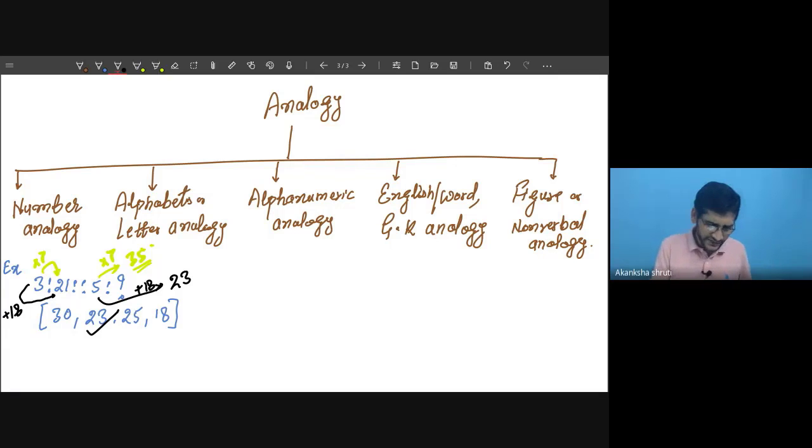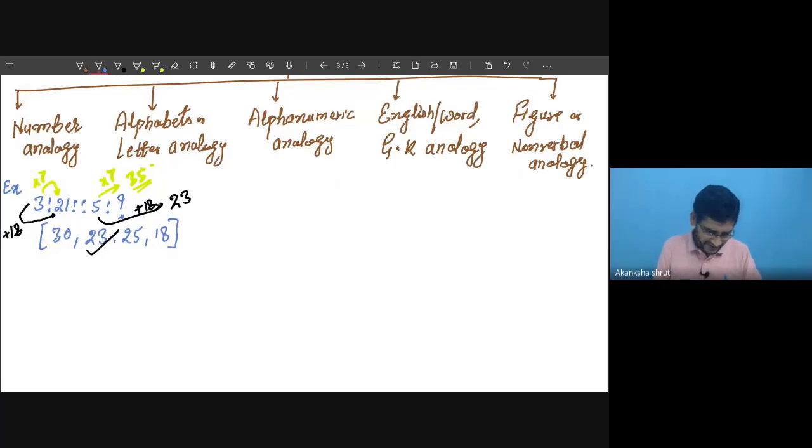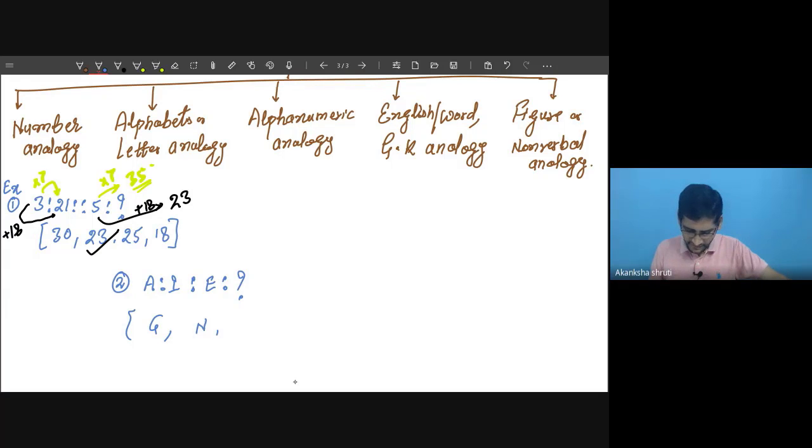Alphabet analogy. For alphabetic analogy, A is to I, E is to what? Let me give the options also: G, N, P, then O. You are given these 4 and you have to find the relation. So very simple.